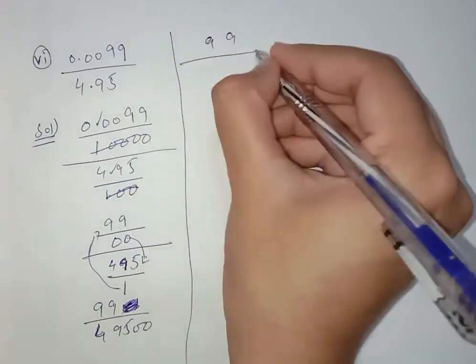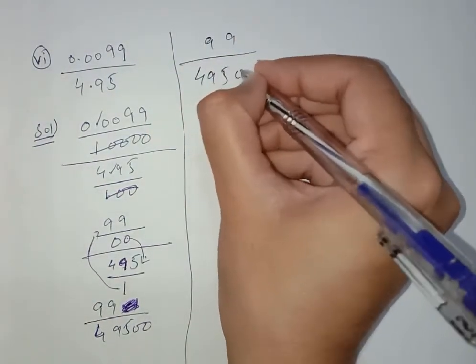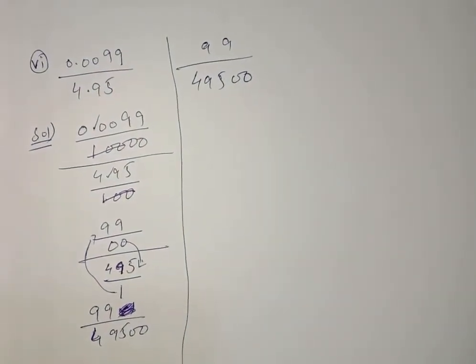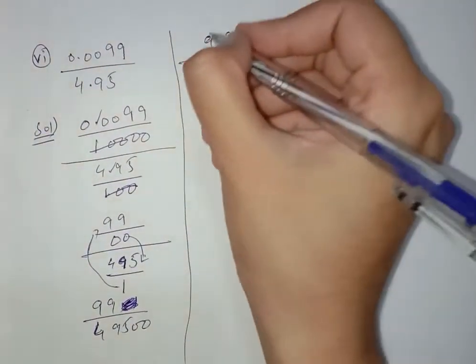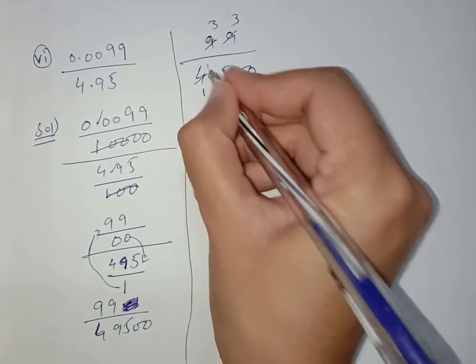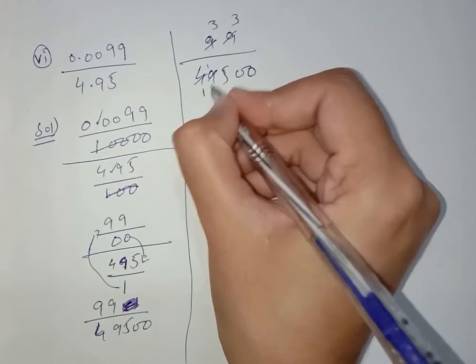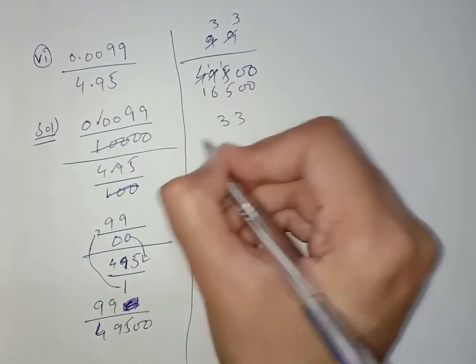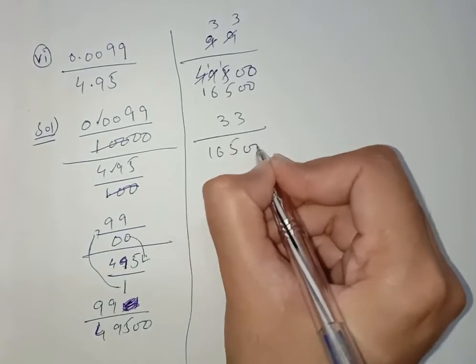So 99 by 49500 we have. Now we have to start cutting this. 3 3s are 9, 3 1s are 3, 3 6s are 18, 3 5s are 15, 2 zeros. So 33 by 16500.